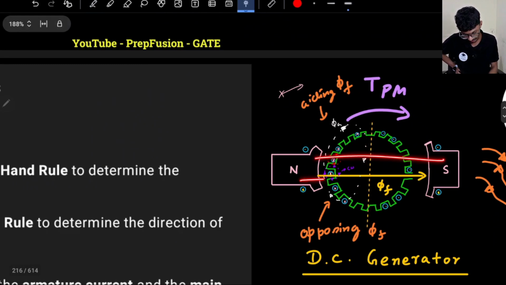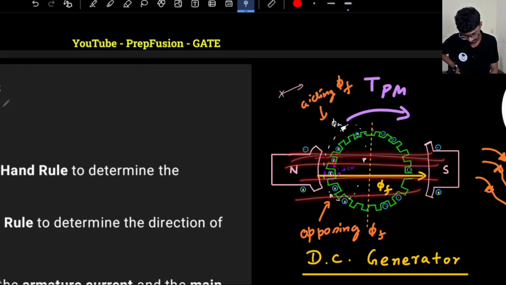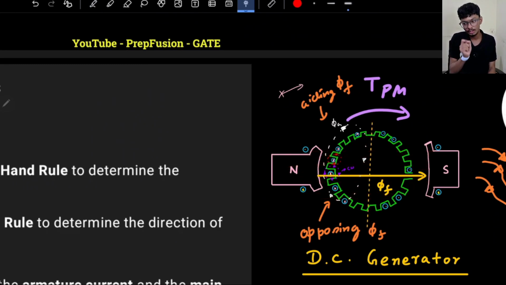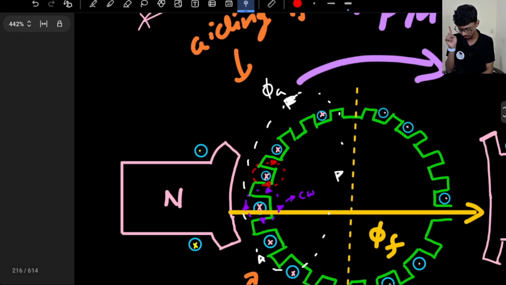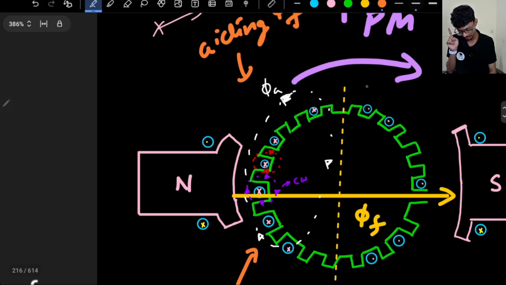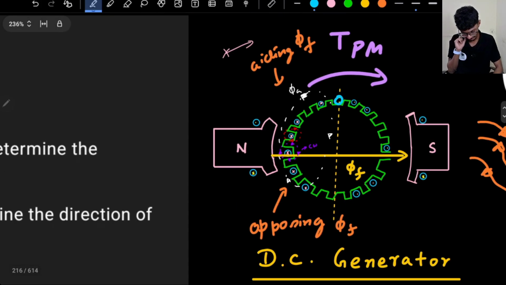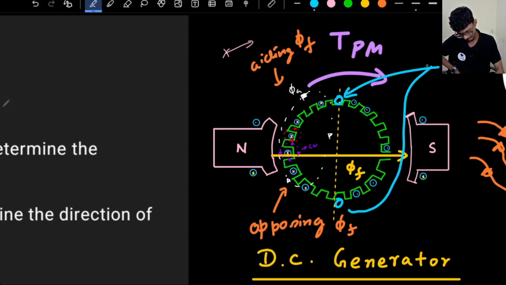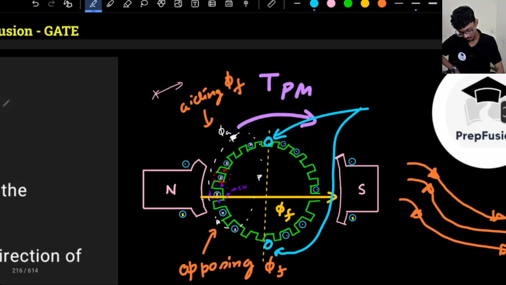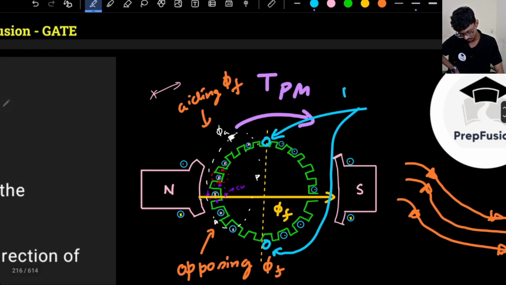All my magnetic field lines will pass through here, but if I place a conductor here, will it cut any magnetic field lines? No. Here, and here, basically no magnetic field lines will be cut.